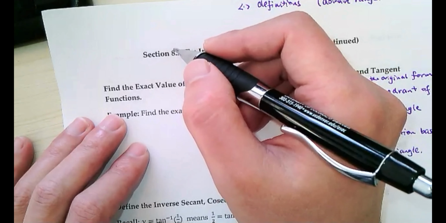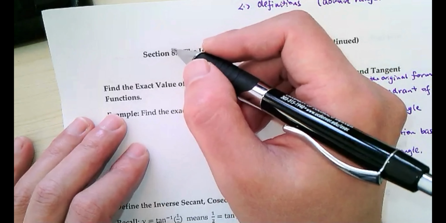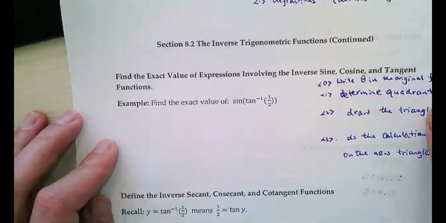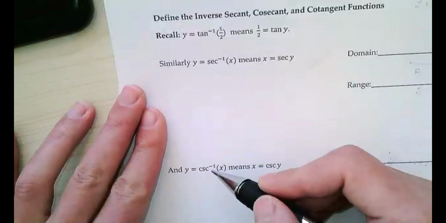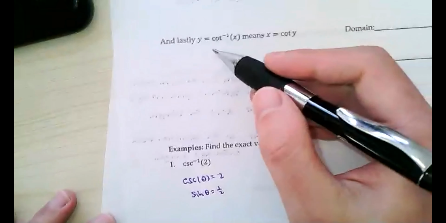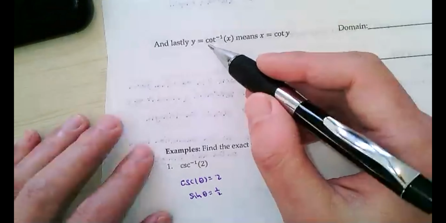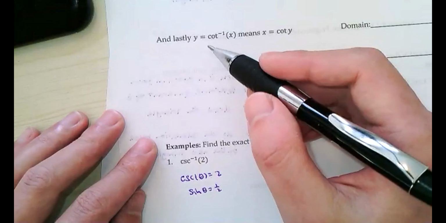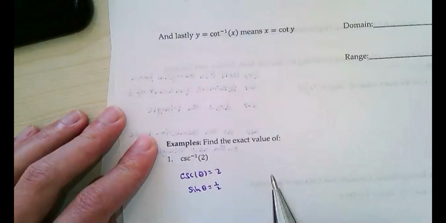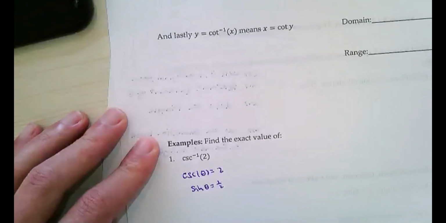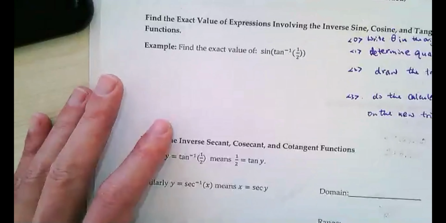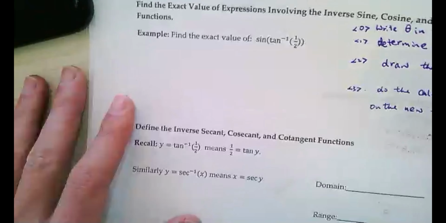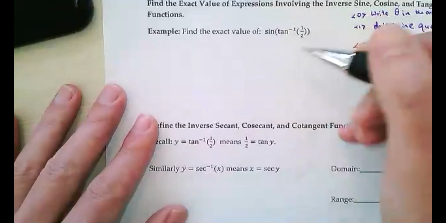We did 3 already. However, we still have another 3, which are inverse secant, inverse cosecant, and inverse cotangent. As you can imagine, those functions are a little bit more complex than the sine, cosine, tangent stuff. But still the same rule applies.